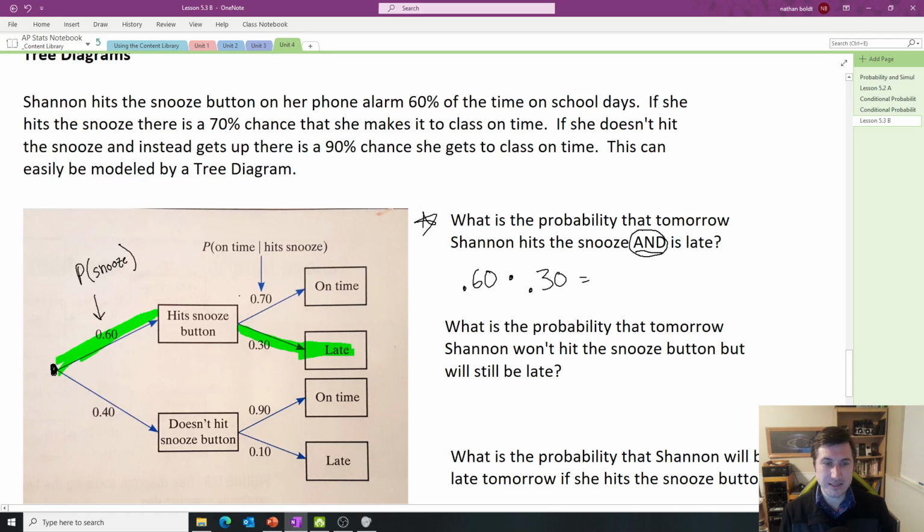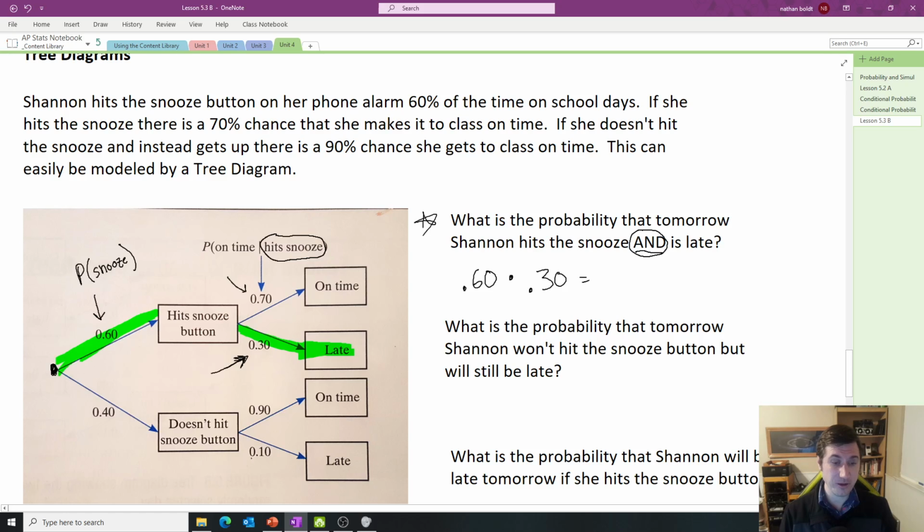But this 70 and this 30%, well, that's a condition now. That's a conditional probability, because we know, as they have it right here, that Shannon has hit the snooze button. So this 70% is the probability that she is on time, given that she's already hit the snooze. And this one down here is the probability that she will be late, given that she's hit the snooze.